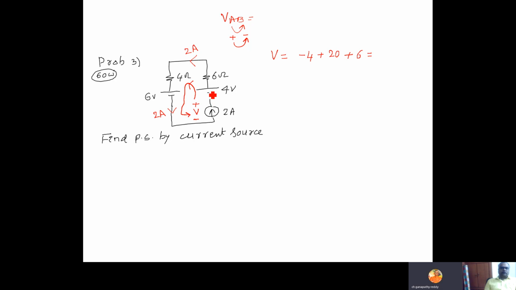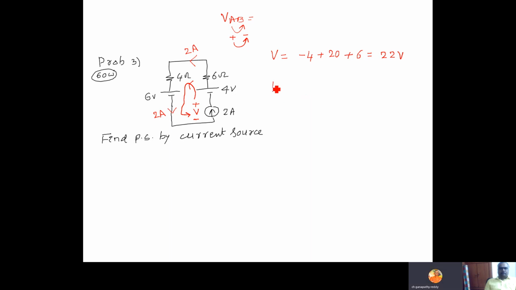Here minus 4, then plus 20, plus 6. So 26 minus 4 is 22 volts.